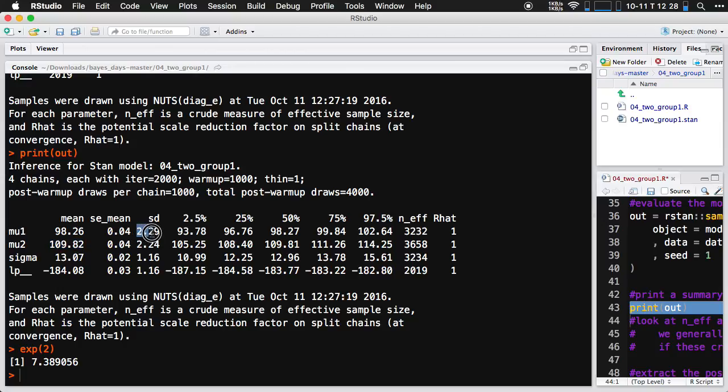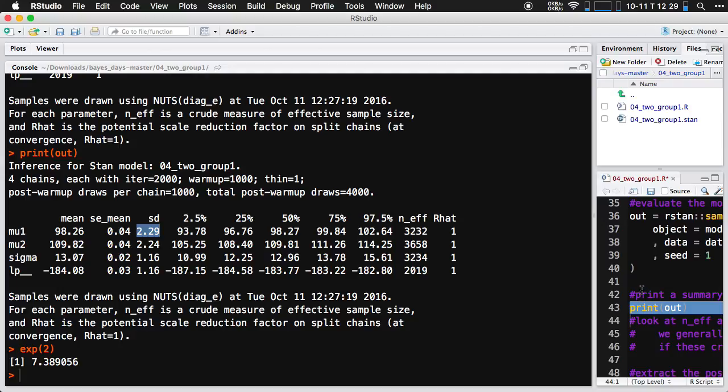Both of them have narrowed from the variability of 20 in our prior. They've dropped down to about 2. And indeed, they've narrowed so much that they don't really overlap with one another in the 95% credible interval. The 95% credible interval for mu1 is about 94 to 103, whereas the 95% credible interval for mu2 is about 105 to 114.